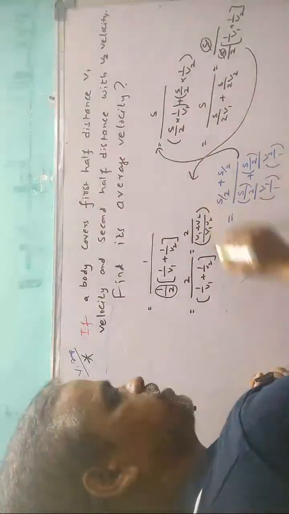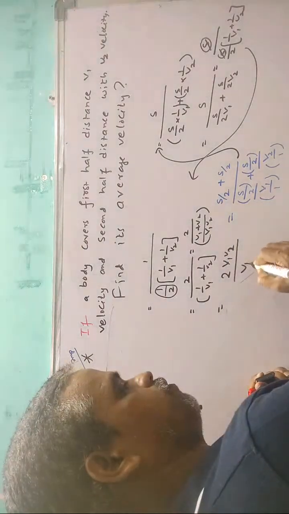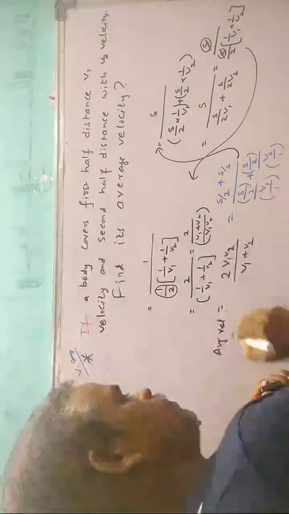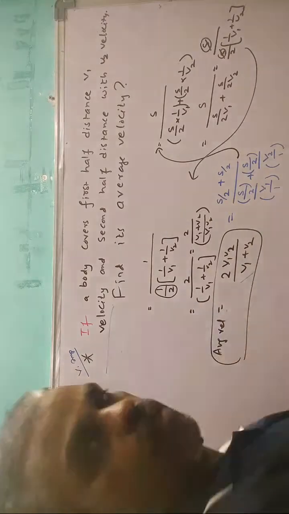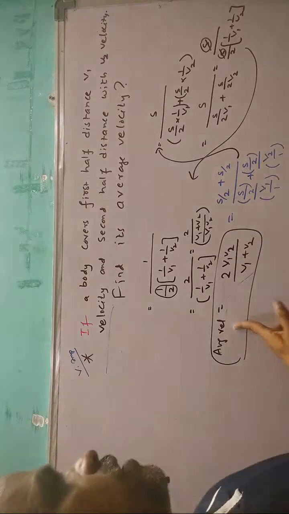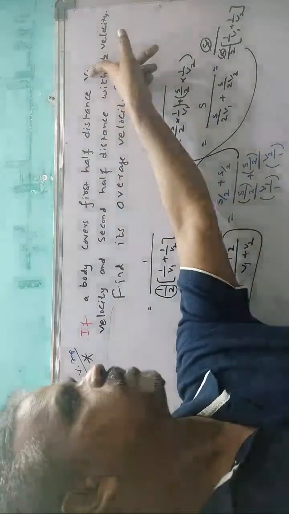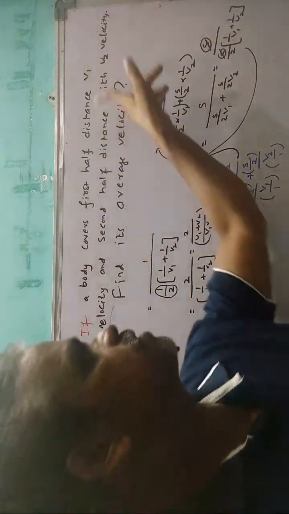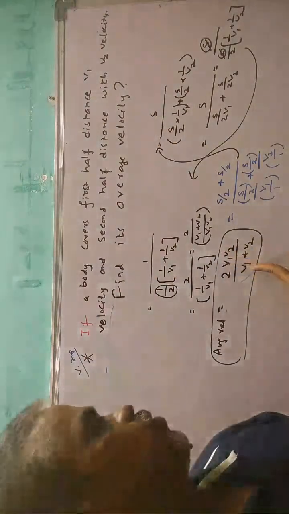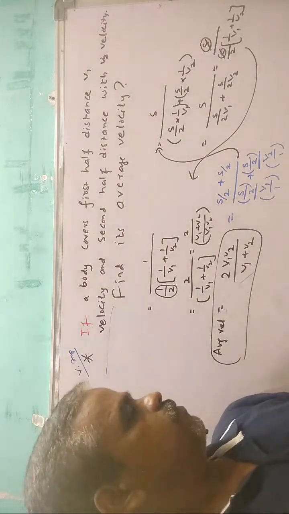So finally you will get 2V1 V2 by V1 plus V2. This is the average velocity, the final formula. What is the formula here? Average velocity for this situation, if a body covers first half distance with V1 and second half distance with V2, is directly 2V1 V2 by V1 plus V2.